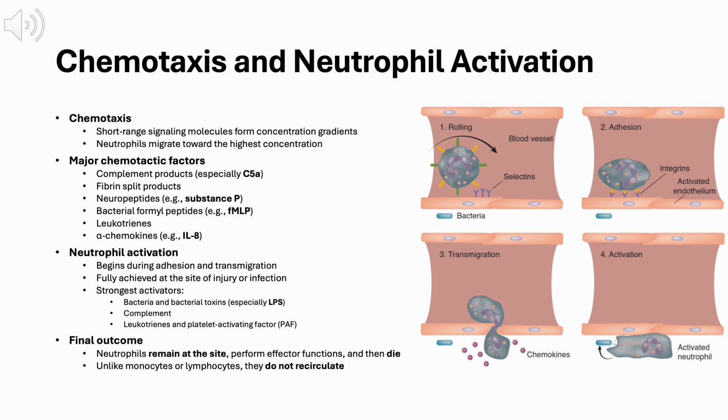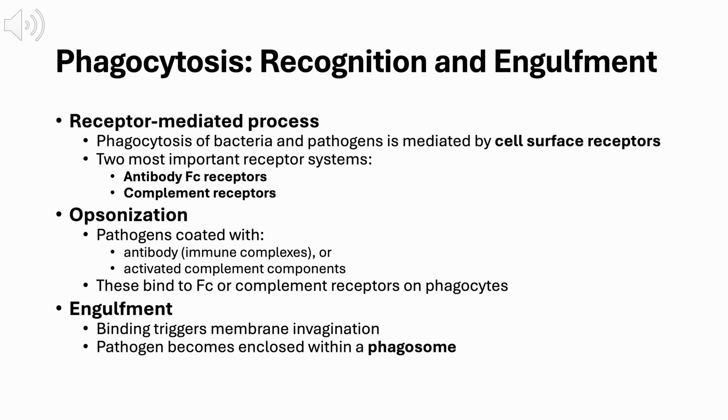The diagram summarizes the full sequence from rolling to integrin-mediated adhesion to transmigration and finally activation near the pathogen. Activation begins during adhesion, but becomes strongest at the site of injury or infection, where bacteria, LPS, complement, leukotrienes, and platelet activating factors stimulate the cell. Neutrophils then remain locally, perform their antimicrobial effector functions, and ultimately die rather than returning to the circulation.